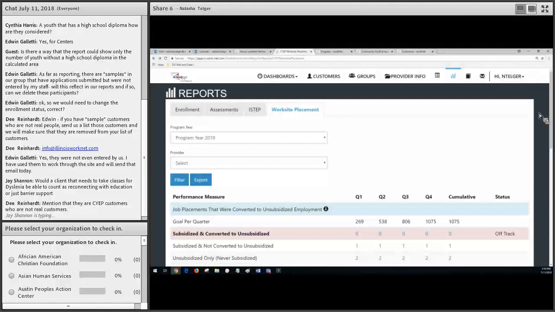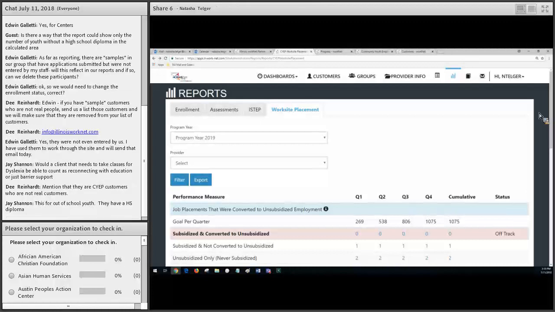If the purpose of the classes for dyslexia is the eventual completion of a high school diploma or a GED or other high school equivalency, then I would say we would call that re-engaging in education, because that's the education that we're re-engaging toward, even if it is bits and pieces.